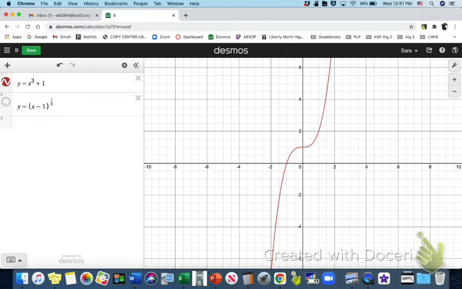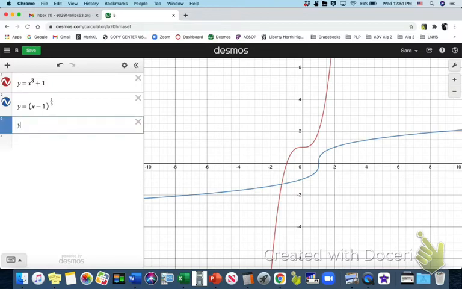A lot of the cubic functions that we graphed were a little more curvy. But now let me graph this cube root function. There, and I think you can see how it is symmetrical over that line y equals x.